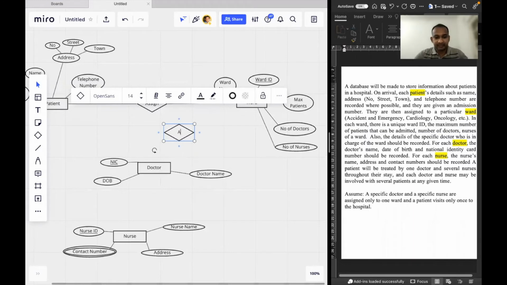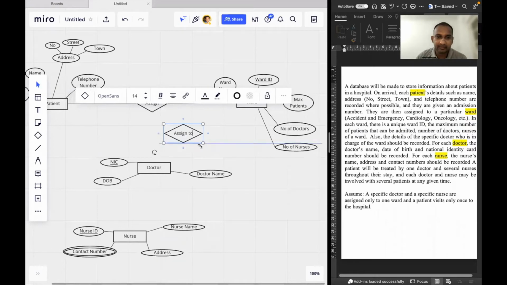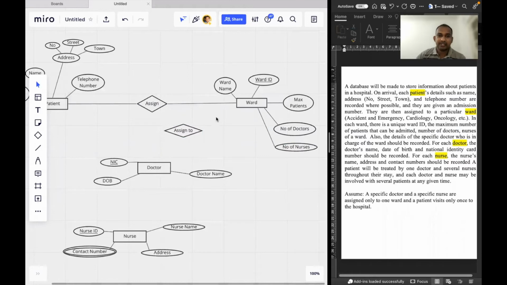Let's say assigned to, or whatever name you like, a suitable name, assigned to a ward, and draw this kind of relationship, this kind of line.